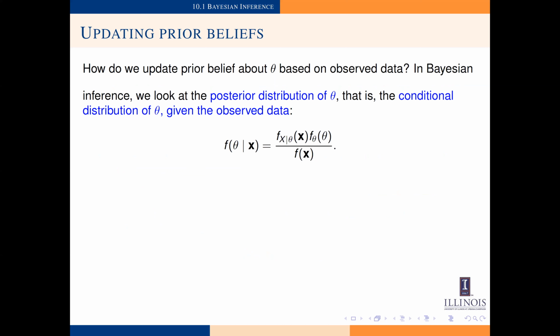By the Bayes rule, we know that the probability of A conditioning on B is equal to the joint probability of A and B divided by the marginal probability of B. So we can use this to find the conditional distribution of theta given our observed data. So f theta given x, which is the density of theta conditioning on x, is given by their joint distribution divided by the marginal distribution of x.